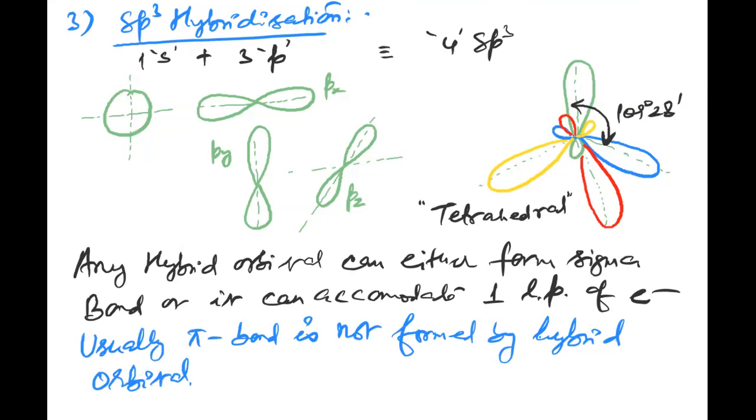Usually pi bond is not formed by hybrid orbital. So to find out hybridization, technically we can just find out number of sigma bond, pi bond, and lone pair of electron.